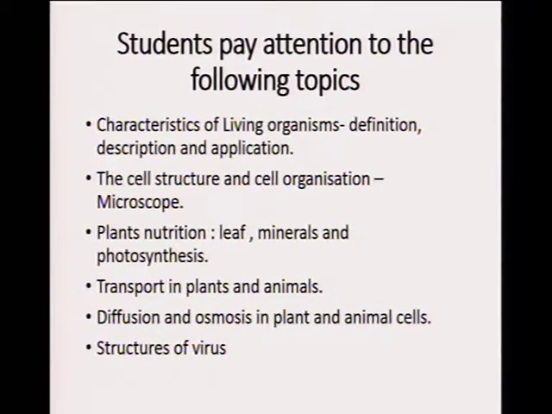Now let's look at the second topic that you should also familiarize yourself with: the cell structures and the cell organization, as well as the microscope. For cell structure, you were introduced to the 2 types of cells, the eukaryotic cell and the prokaryotic cell. You need to know their structure, by which I mean the parts, such as the cell wall, the cell membrane, the mitochondria, the cytoplasm, and the chloroplast.